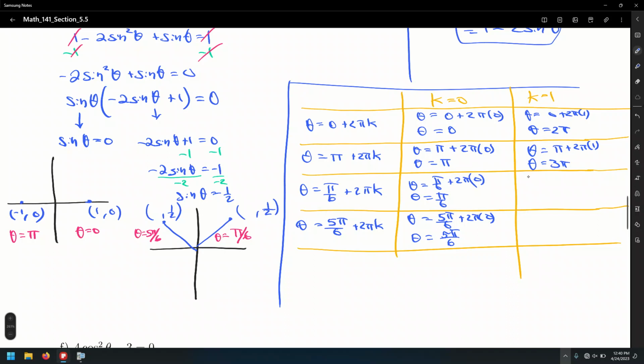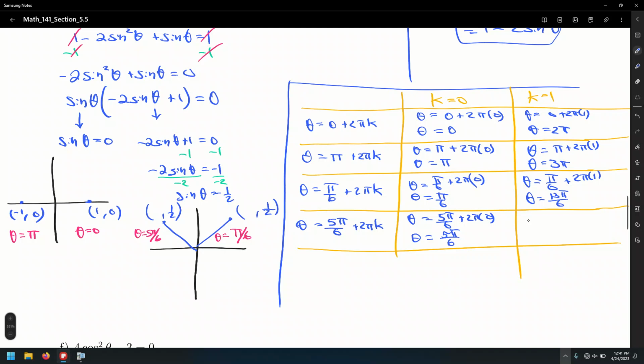One more value, theta equals pi over 6 plus 2 pi times 1. But we need to combine fractions. That's 2 times 6, 12, plus 1. Is that 13 pi over 6? That's also a number outside of the range 0 to 2 pi.